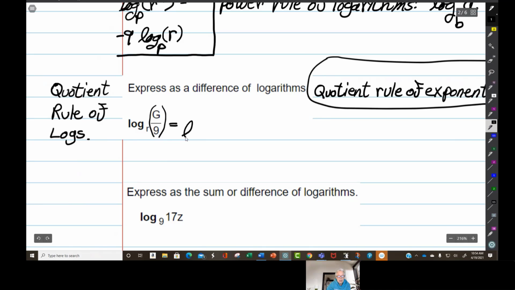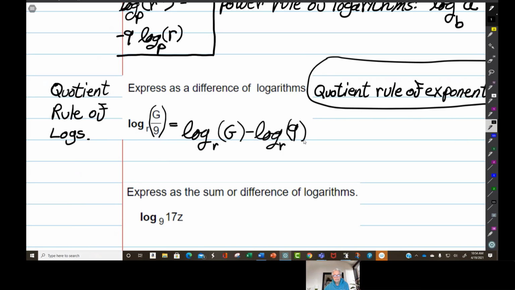That's going to be log base R of G minus log base R of 9. With or without parentheses. Okay.